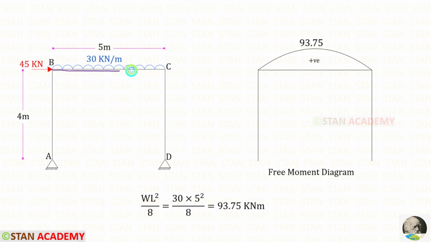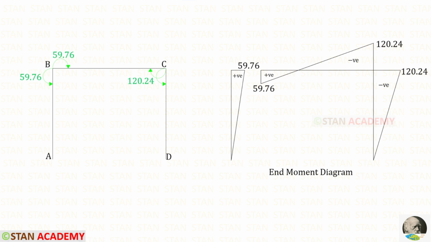In the beam BC, we have a uniformly distributed load of 30 kN per meter. Using this formula, we can find the moment and we can draw this diagram which is in the shape of a parabola. We should not consider the nodal point load 45 kN. We know that the moment at B is a sagging moment and the moment at C is a hogging moment.